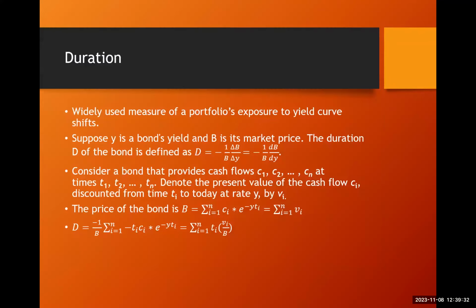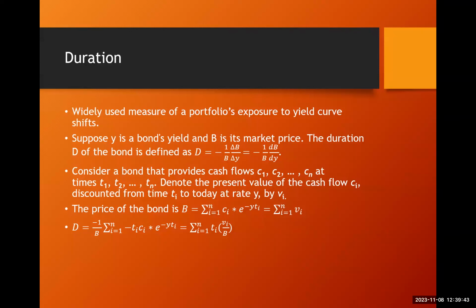The next concept I want to go over is the idea of duration, which tells us the time value of our portfolio, an average time value. We use duration to find the percent change in our portfolio value while the rates change.